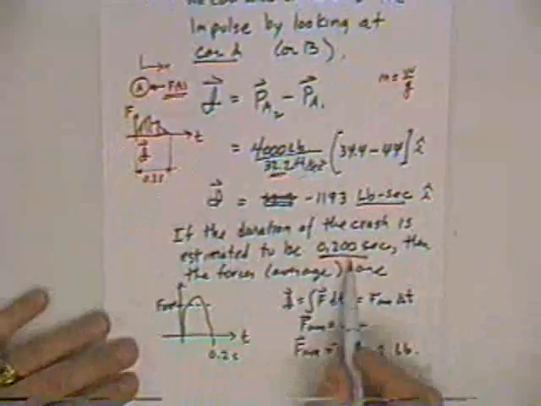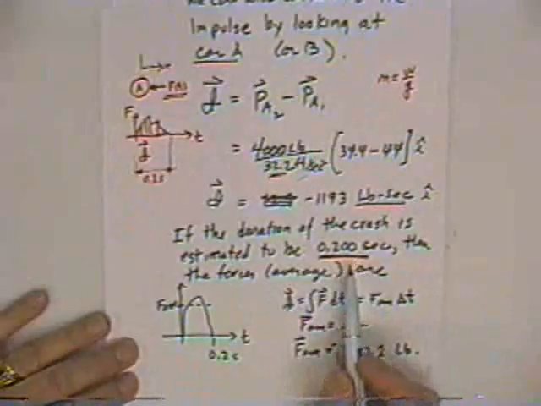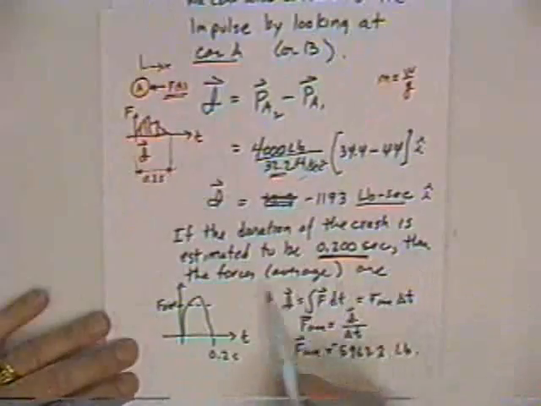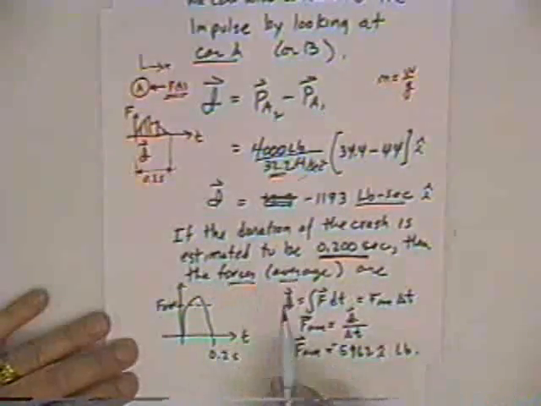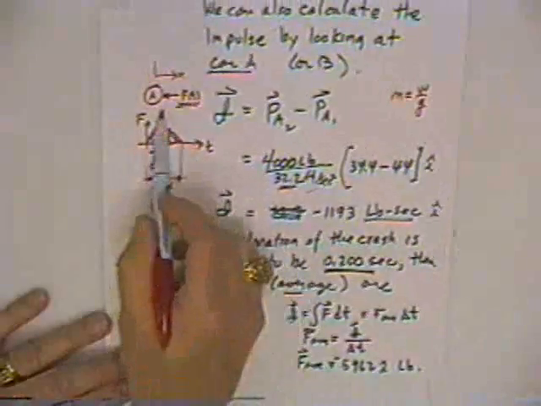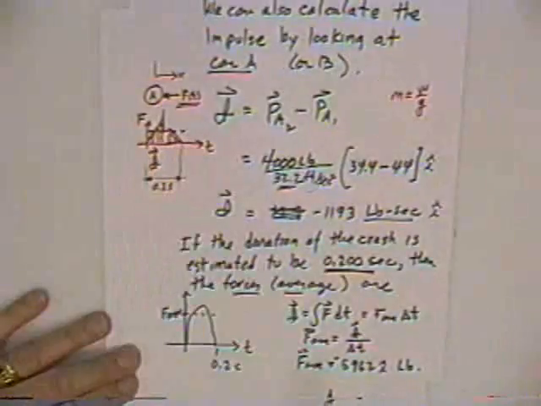If we estimate the duration of the impact, not the whole accident, but the impact, to be about 0.2 seconds, then we can calculate the average value of this force. It may really do something like that, okay? And we aren't going to calculate the peak value, we're going to calculate the average value, all right?